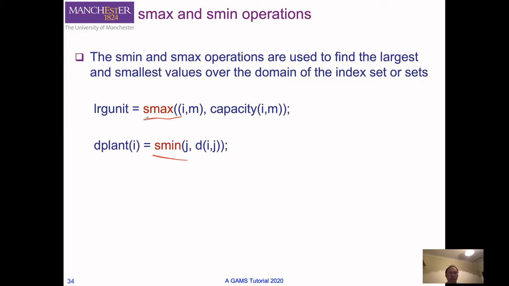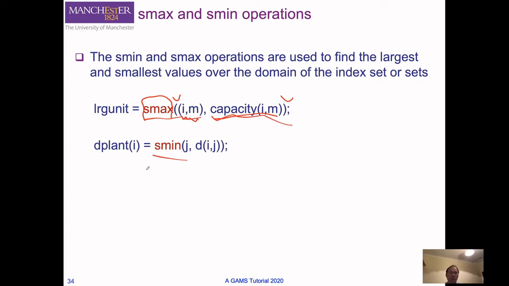We start from the keyword smax, then brackets. Then in the brackets, we give the index list. In this example, we want to find the maximum capacity over the domain of i and m. So that's why we have the index list i and m here. Then we write the expression.